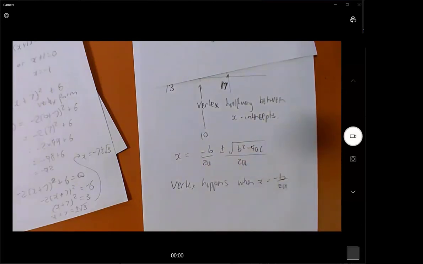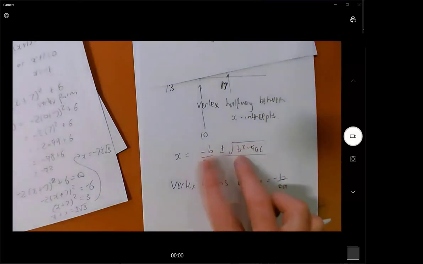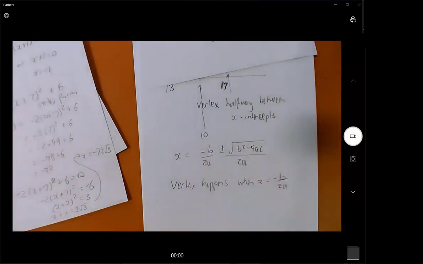which is really cool. And it will even happen then, even if it doesn't cross the x-axis. So the reasoning works when it has x-intercepts, but even if it doesn't, it's still at that place.